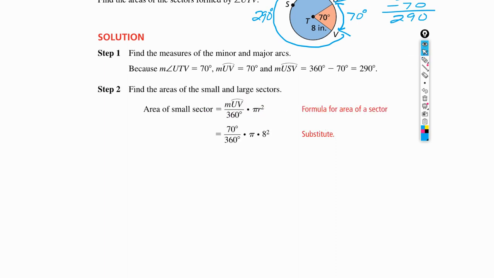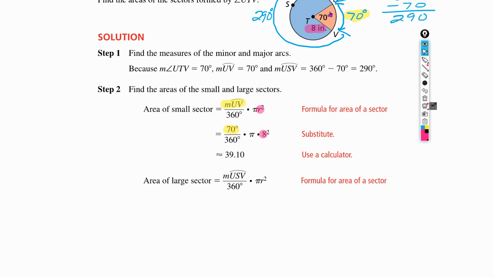All right, here is your formula. They're going to use the measure of the arc, which is the 70, so that's going to go there. And then they're going to use the radius, which is 8, which is going to go here. The rest of it is the formula. So they divide 70 by 360 and multiply it by pi times 8 squared, and they get 39.10.